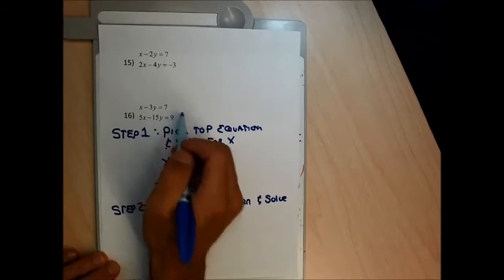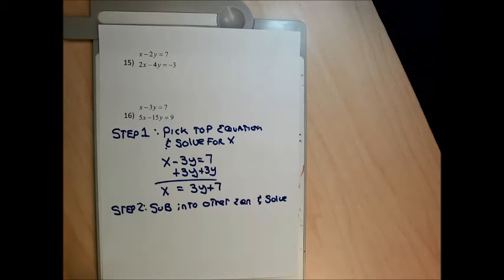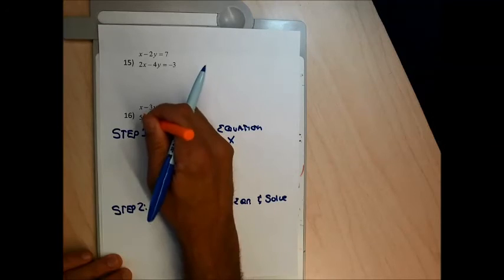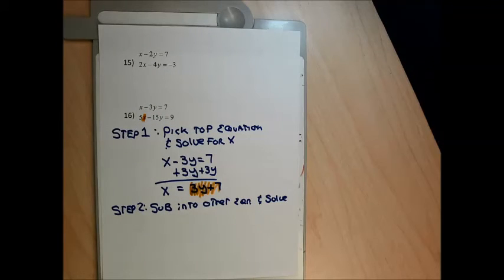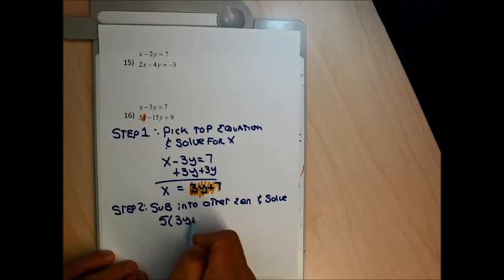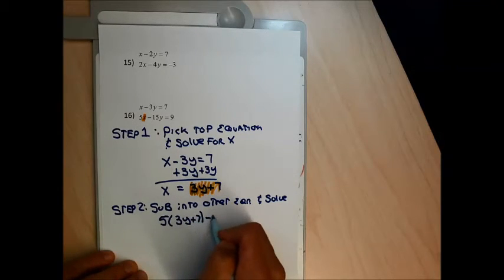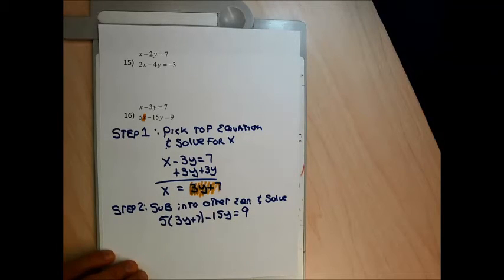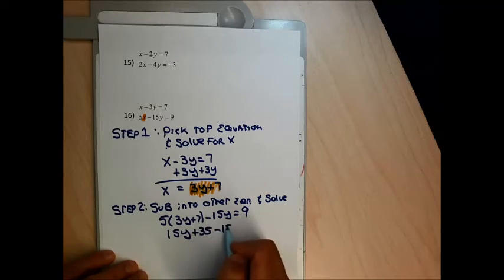So in the other equation, I'm going to take 3y plus 7 and substitute it in for that x right there. So I'm going to go 5 times 3y plus 7 minus 15y equals 9. This is going to give me 15y plus 35 minus 15y equals 9.